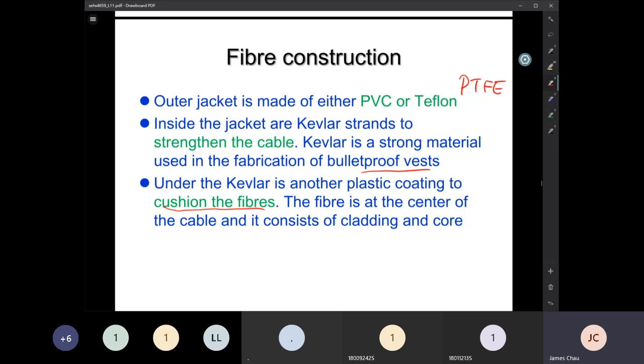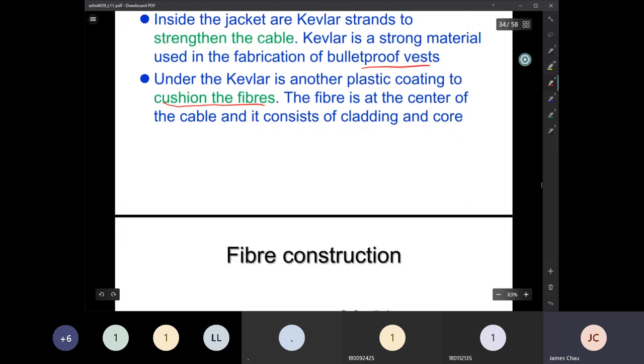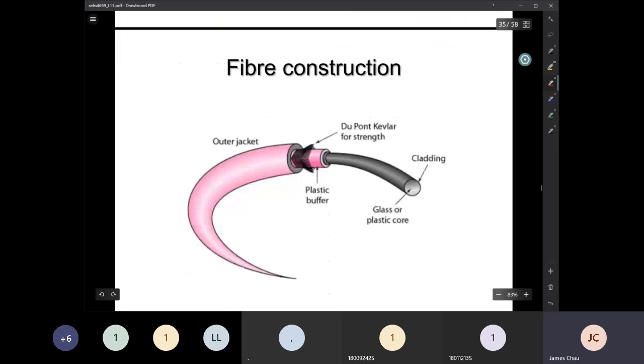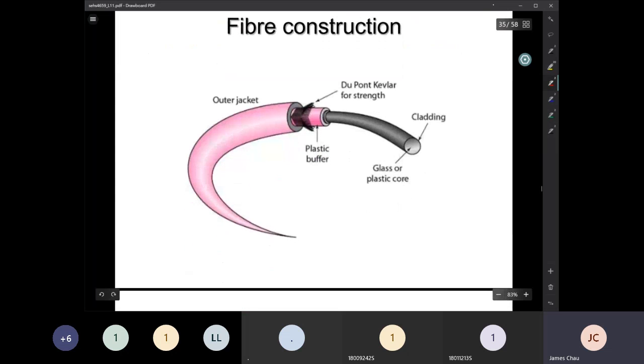Therefore we have some cushion material under the Kevlar material. On the next page you can see the structure. In the middle we have an optical fiber, and surrounding it we have the Kevlar material, plastic buffer, and also the outer jacket. They construct our optical fiber.